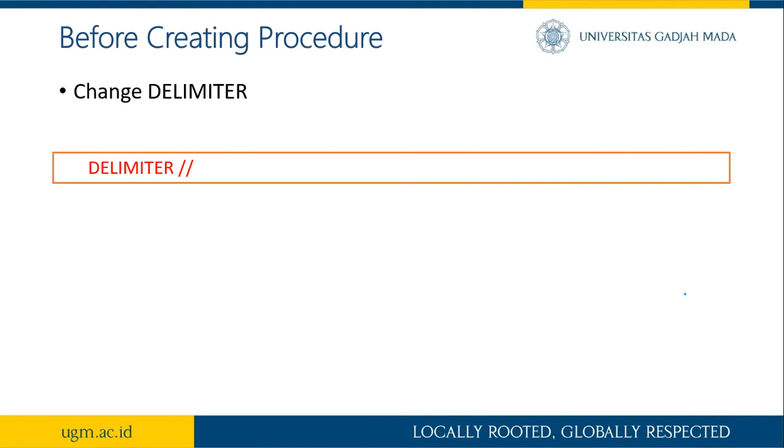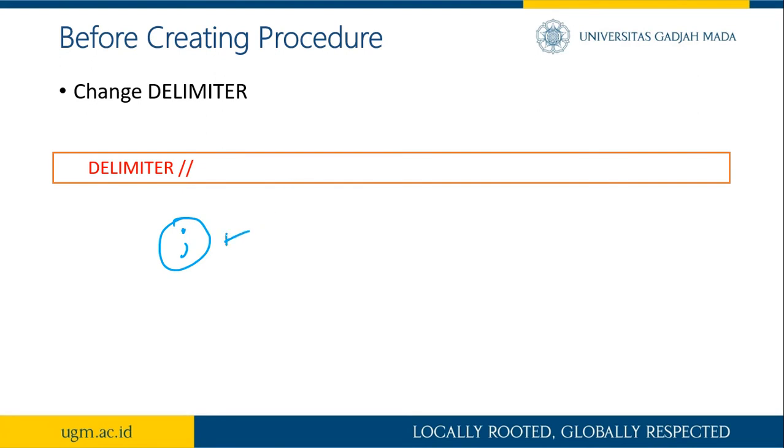Before creating a procedure, it is important to change the delimiter first. What is a delimiter? The delimiter is the one that you find at the end of the query. Typically, it will be the semicolon.